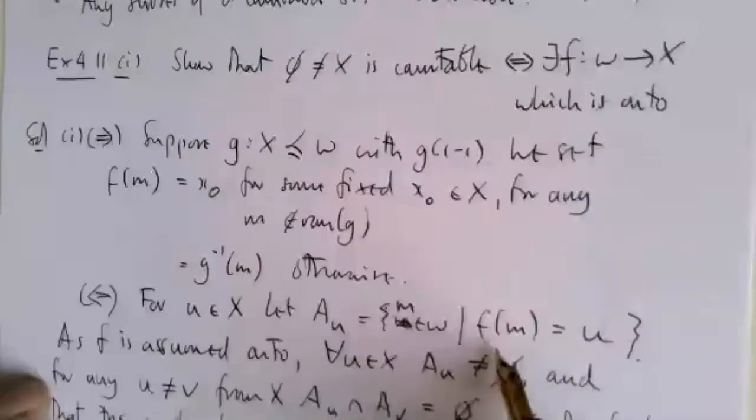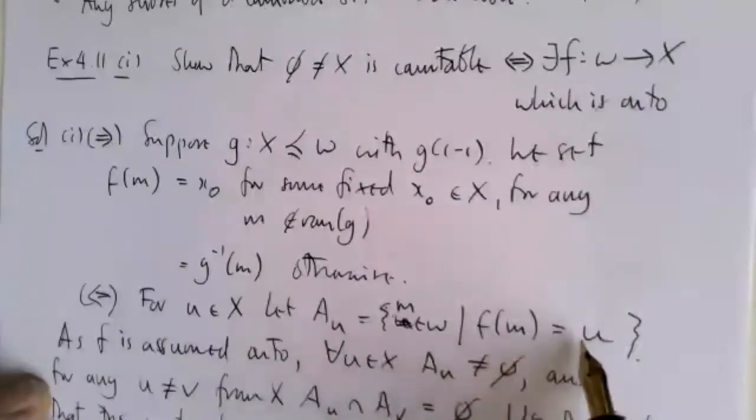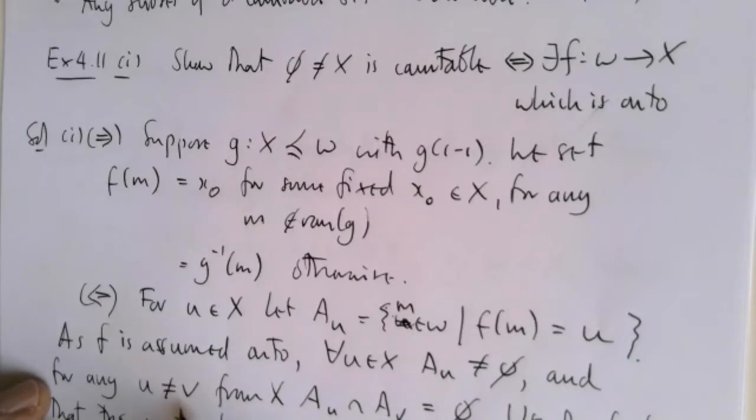No, because a function is single valued. Even non-one-to-one functions are single valued. A function can't send an m to two different things. Oh, okay. So if a function sends m to u, it can't send it to v if they're different. It's nothing to do with one-to-oneness. It's just to do with being a function. Okay, thank you.